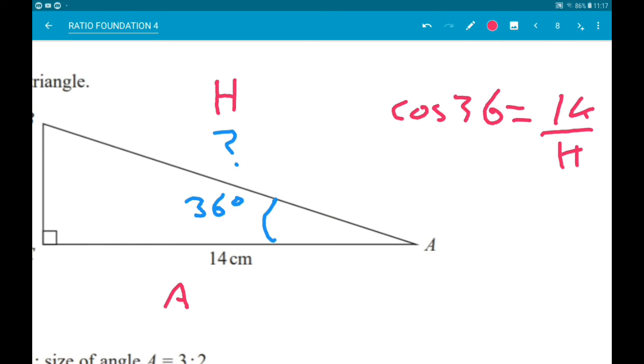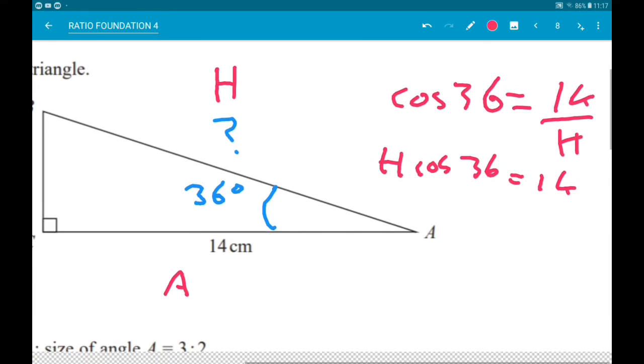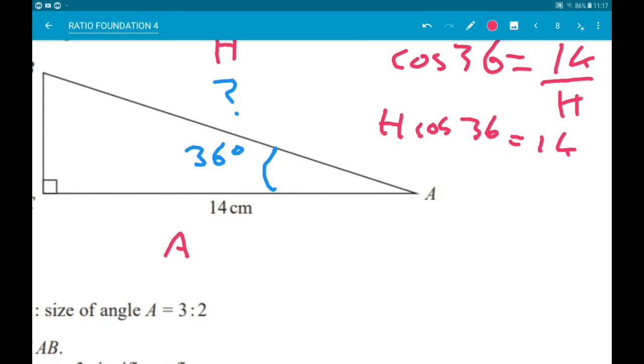Now we need to get h on its own, so multiply through by h, we get h cos 36 is equal to 14, and then divide through by cos 36, we get h is 14 over cos 36.